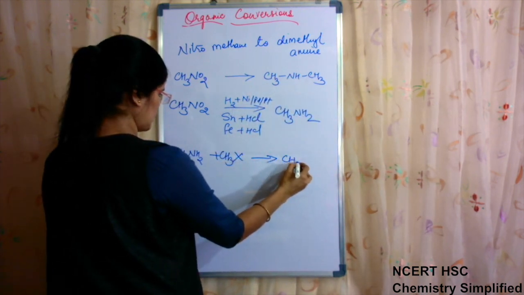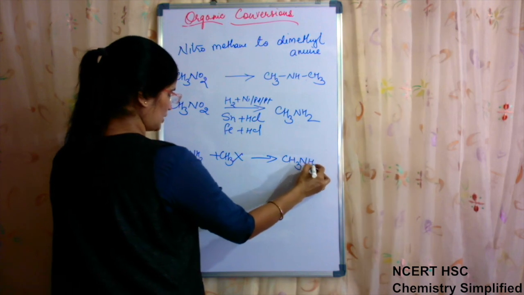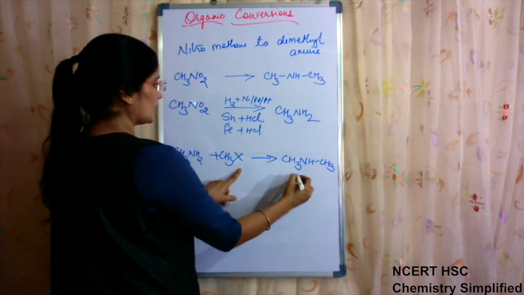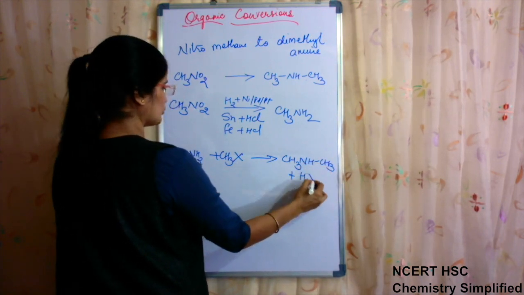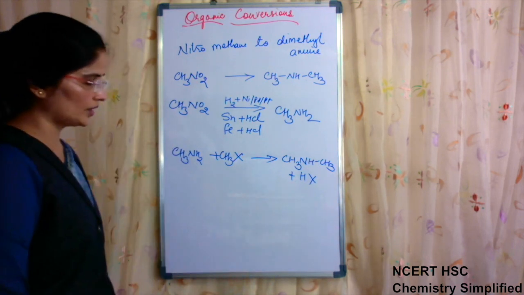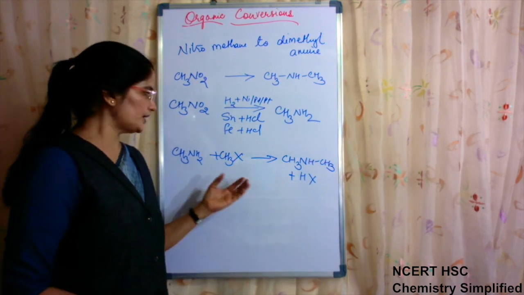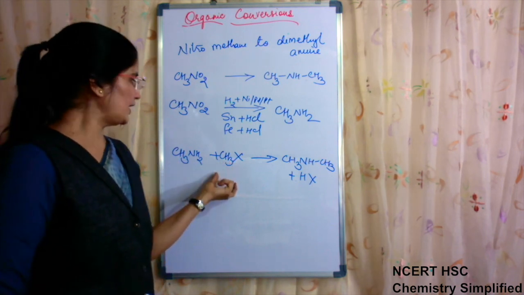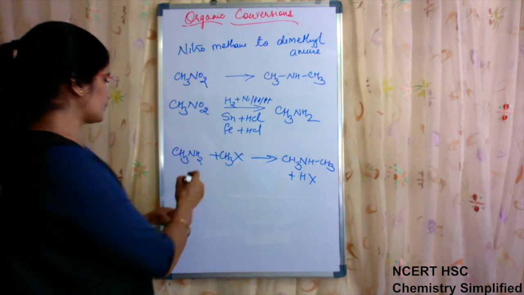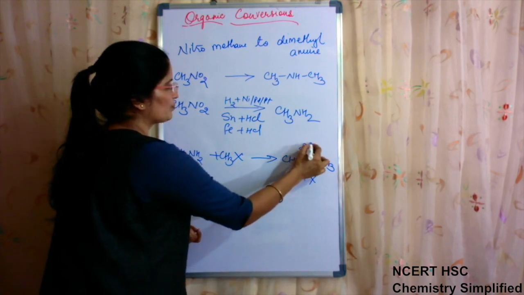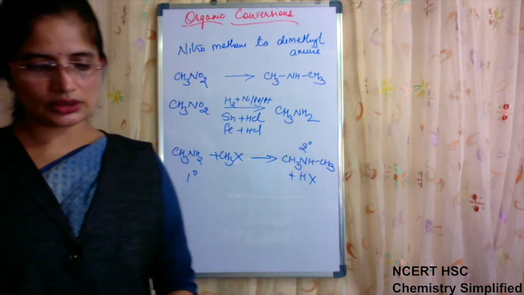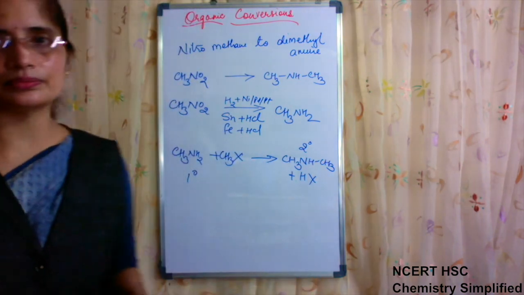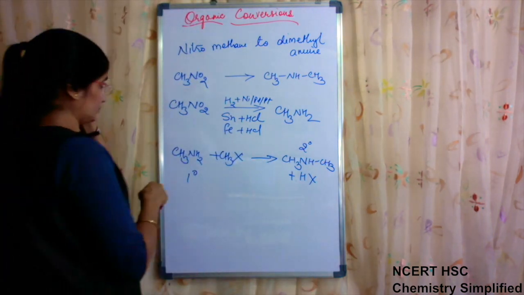So it will be CH3NHCH3 and the byproduct will be H from this and X from here. The byproduct is not necessary to write; we only have to see that using alkyl halides, primary amines, 1 degree, can be converted into 2 degree. So this is one of the conversions.